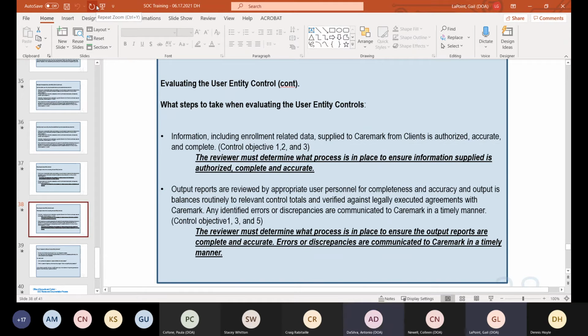What do we have to mitigate if there's an issue with their testing? And lastly, what output records are reviewed by appropriate user personnel for completeness? The reviewer has to determine what process is in place to ensure the output reports are complete and accurate, and that any errors or discrepancies are communicated to Caremark in a timely manner.